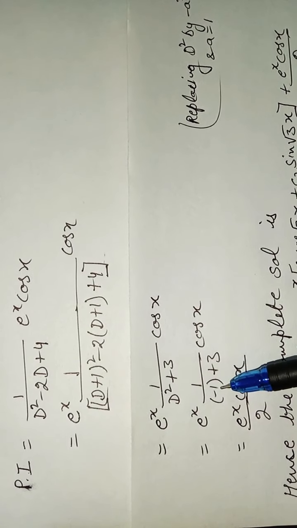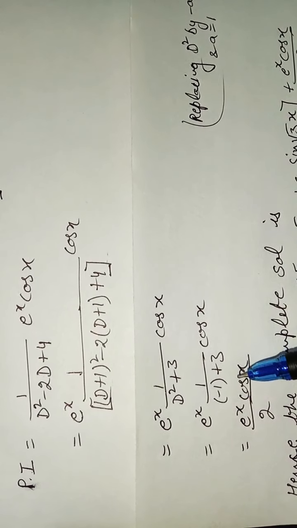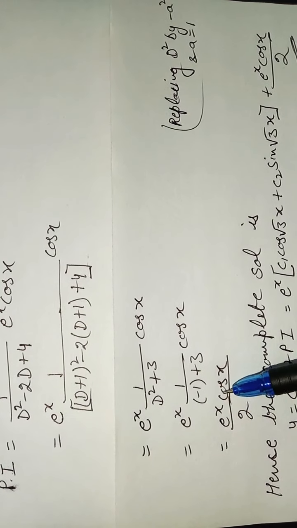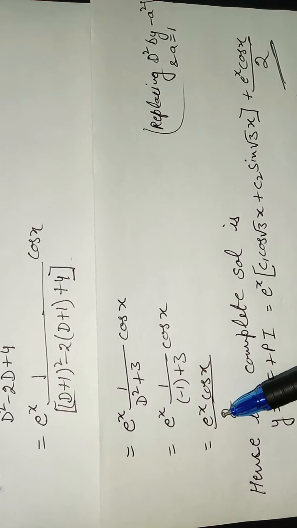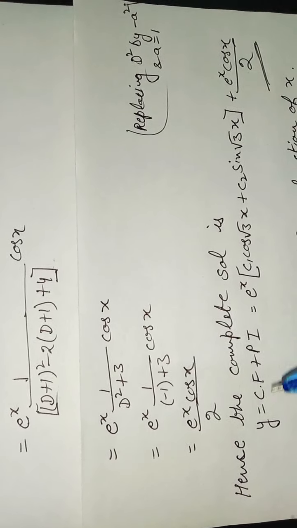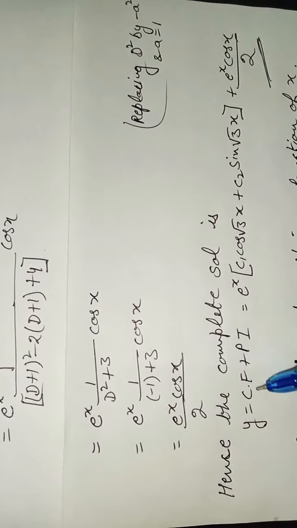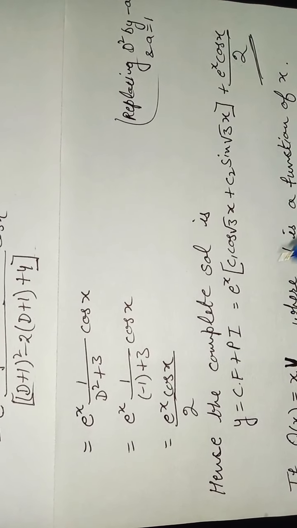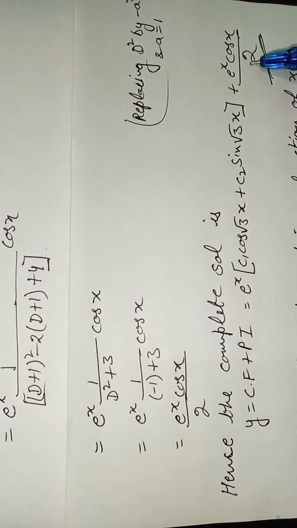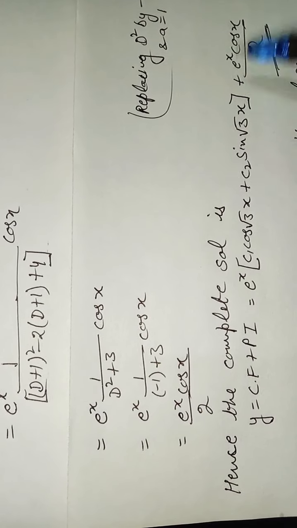In place of D square we write minus 1, so the denominator becomes 2. So the particular integral is e raised to the power x cos x divided by 2. And now the complete solution is the sum of the complementary function and the particular integral, so this is the complementary function plus the particular integral.